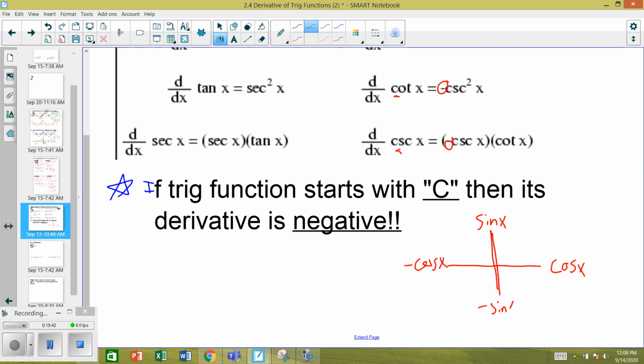So I picture the unit circle this way. And taking the derivative of these functions is kind of like going clockwise. So the derivative of sine is cosine. The derivative of cosine is negative sine. If you take the derivative of negative sine, you probably guessed it, it's negative cosine. And if you take the derivative of negative cosine, you're actually back to sine. It's just a big old circle, right?